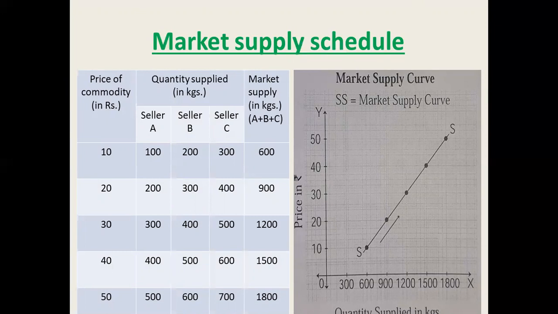And in the supply schedule, it's a direct relationship. It means the higher the price of the commodity, the higher the quantity supplied, and the lower the price of the commodity, the lower the quantity supplied. So that is called the supply schedule.